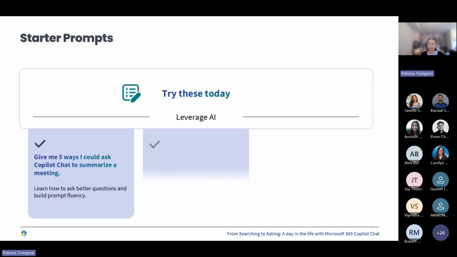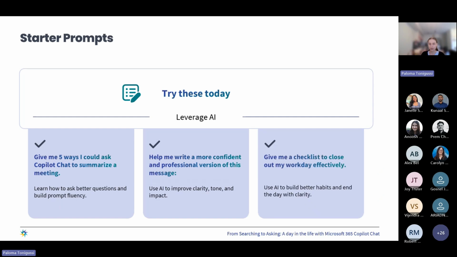Okay, let that load. These are the prompts that you saw, or variations of the prompts that you just saw. These are going to be great for you to try today, and you can take them, modify them, and make them align more to your workflow. They are just great prompts to help you get an idea of how to ask better questions and build fluency in AI, how you can use AI to improve your messages, clarity, and tone, and you can also ask AI to help you change your messaging depending on your target audience.